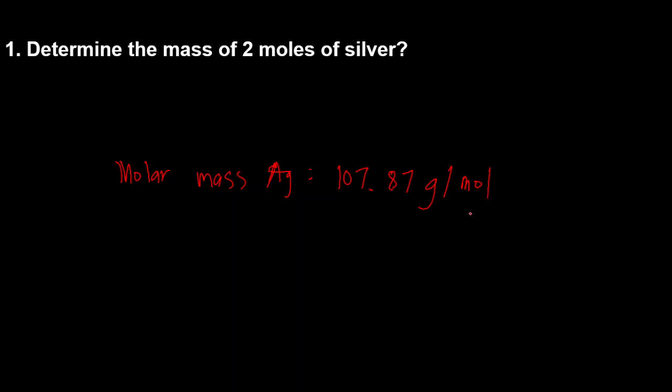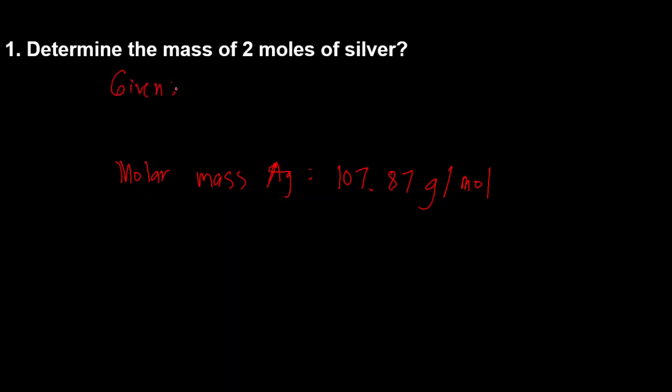So every mole of Ag has a mass of 107.87. If there are 2 moles, what do you think is the mass? Approximately 200 grams of silver.